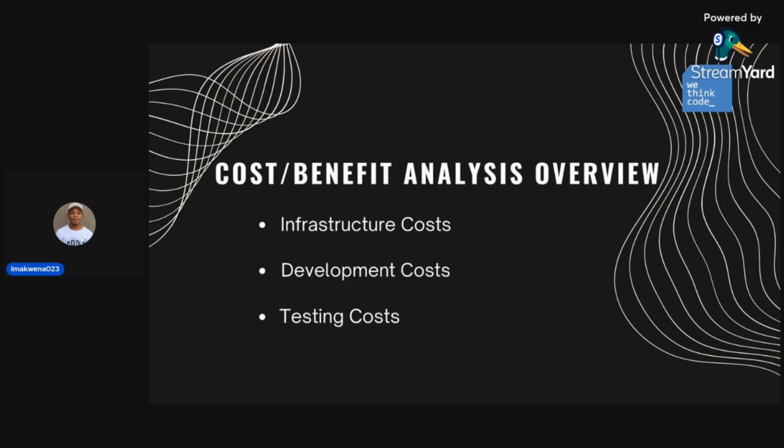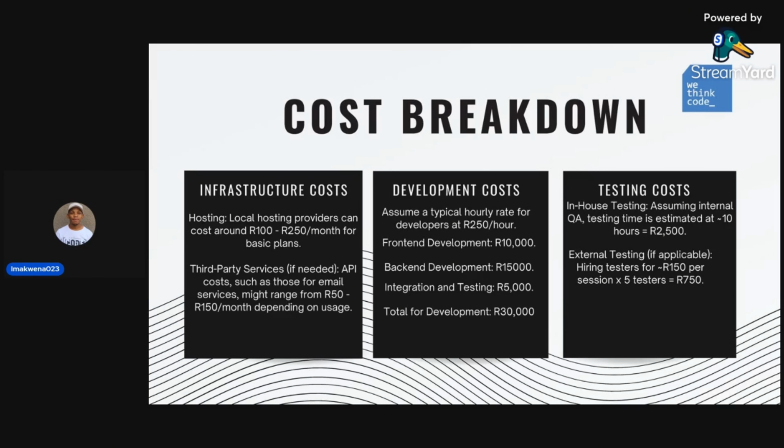This cost benefit analysis will help us understand the main components that go into the WeShare project, including infrastructure cost, development cost, and testing cost. We also want to highlight the expected benefits, which includes an easy-to-use app for managing shared expenses amongst friends and an opportunity for us to gain hands-on experience with distributed systems.